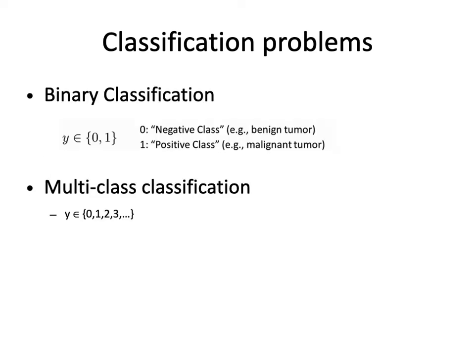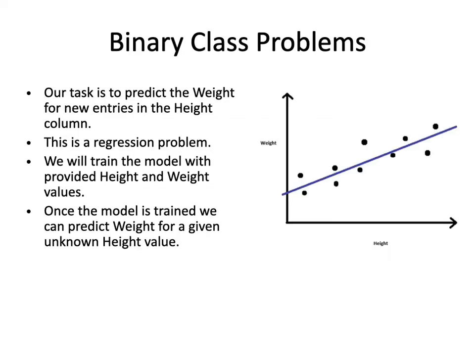And for binary classification, y is either 0 or 1 as we have discussed earlier. 0 means negative class, or absence of something, and 1 means positive class, that means presence of something. For multi-class classification, the output variable y can have more than two values, that may be 0, 1, 2, 3 and so on.